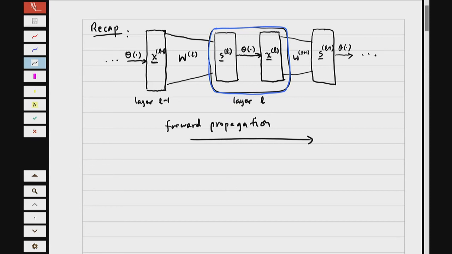All right, let's get started. So last time, we discussed the basic structure of a neural network, this layer structure for deep learning, where deep means you have many layers.